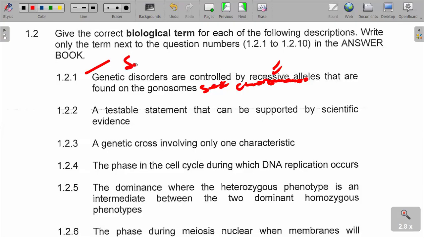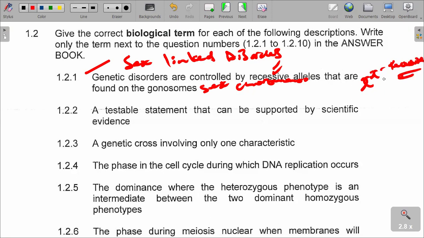They are called sex-linked disorders because the conditions are caused by a recessive allele that is carried on an X or sex chromosome. So it is called sex-linked disorders or sex-linked diseases.